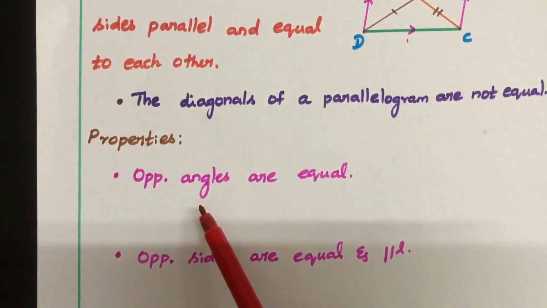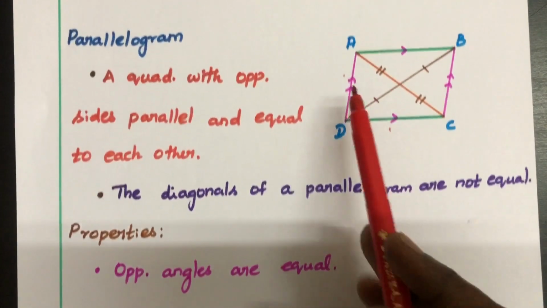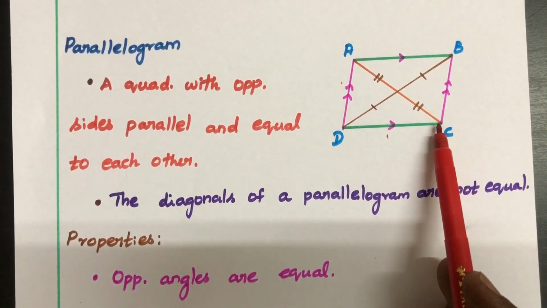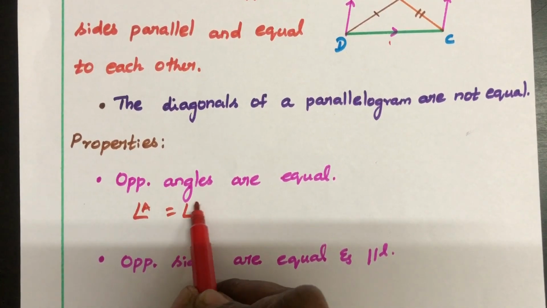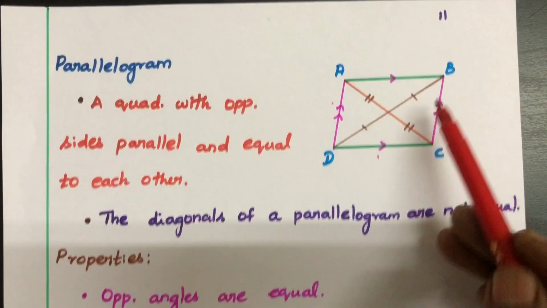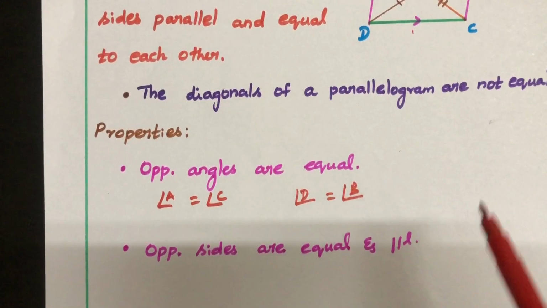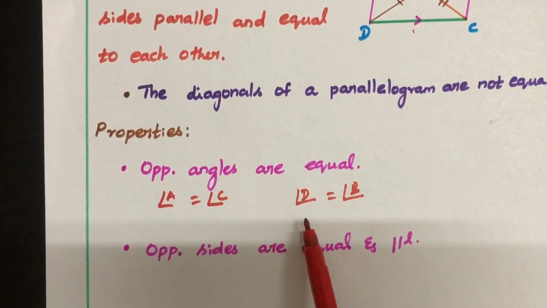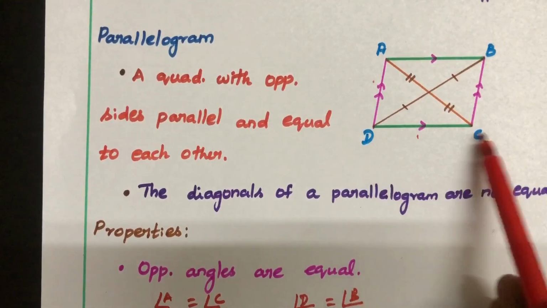Properties. Opposite angles are equal. Opposite angles are equal means angle A equals angle C. Similarly, angle D is equal to angle B. Next, opposite sides are equal and parallel.